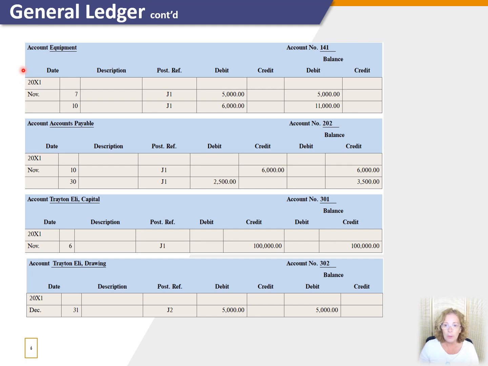The account equipment shows $11,000 of equipment was purchased, and the accounts payable account shows Eli's Consulting owes vendors $3,500. The capital account shows $100,000 and the drawing account $5,000.